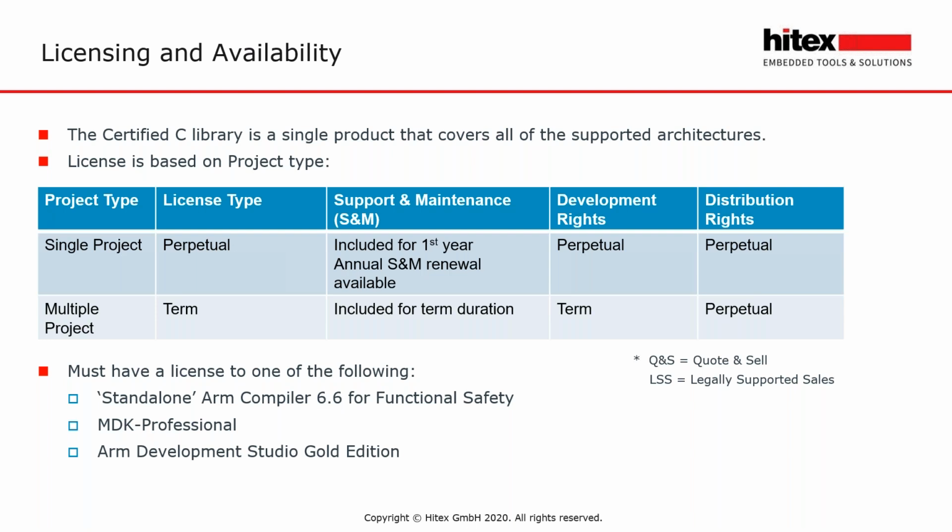It's also available as a term license, so you can buy it so that the license will expire after a year, but in that year you can use it across multiple projects. So depending on your use case, you may either buy the library as a perpetual license or a number of term licenses. Again, it depends which works out as the most cost effective.